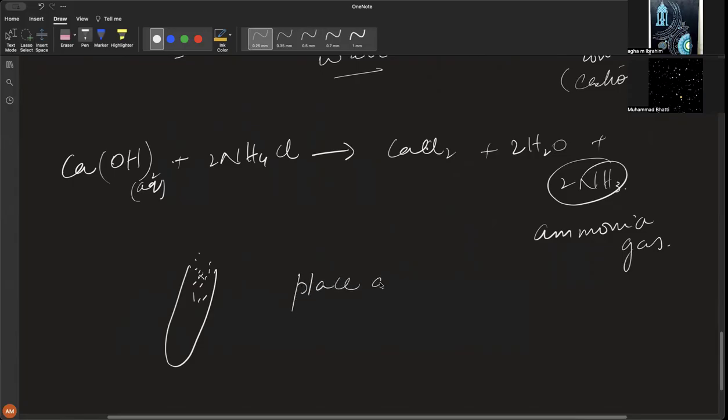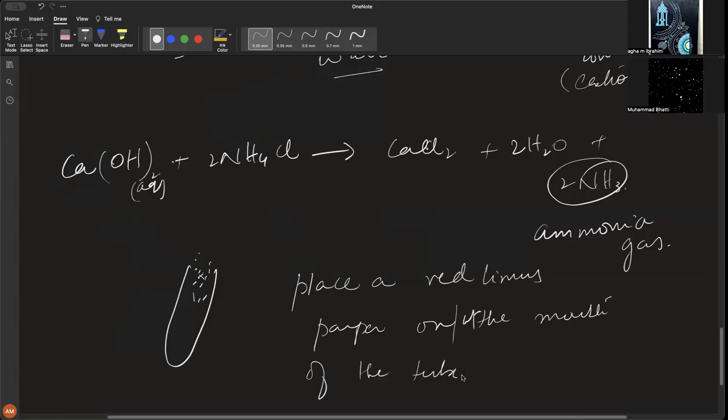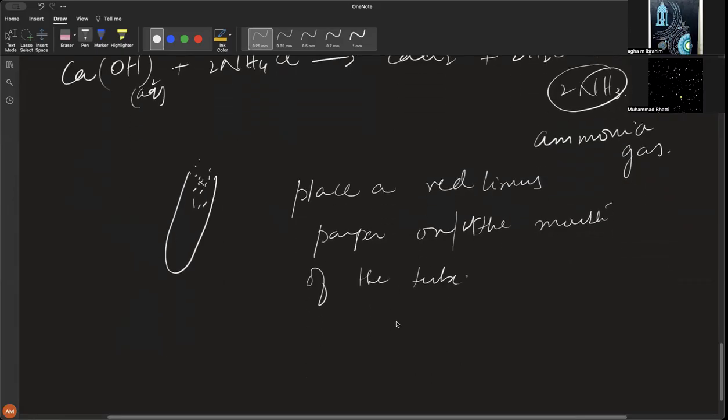You have to place a red litmus paper at the mouth of the tube. This red litmus will turn blue. Is this clear?